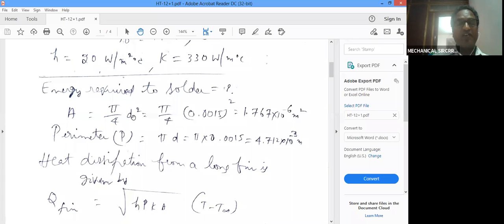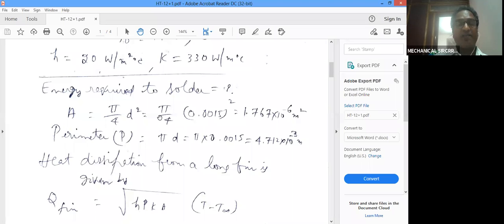But yesterday, while discussing the rectangular fin, we had cross sectional area width into thickness, b into t. But if it is a circular wire, circular pipe, or circular lengthy fin, the cross sectional area is pi by 4 d square, where d is the diameter of the wire.